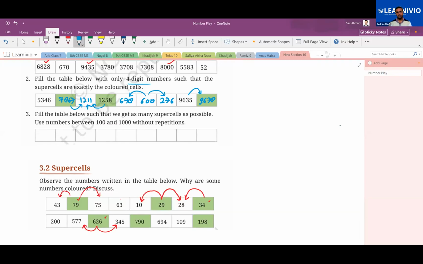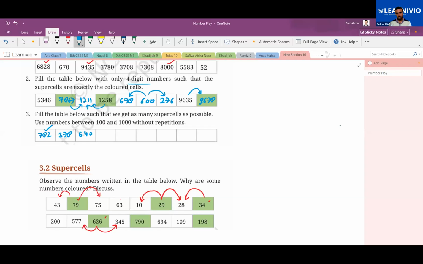First one 782. The second one 378. That one will be greater, so it will be colored. Third one 640.